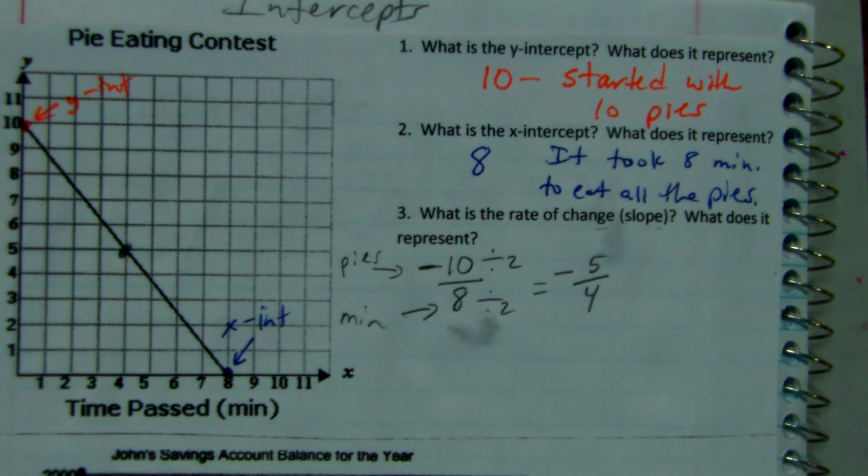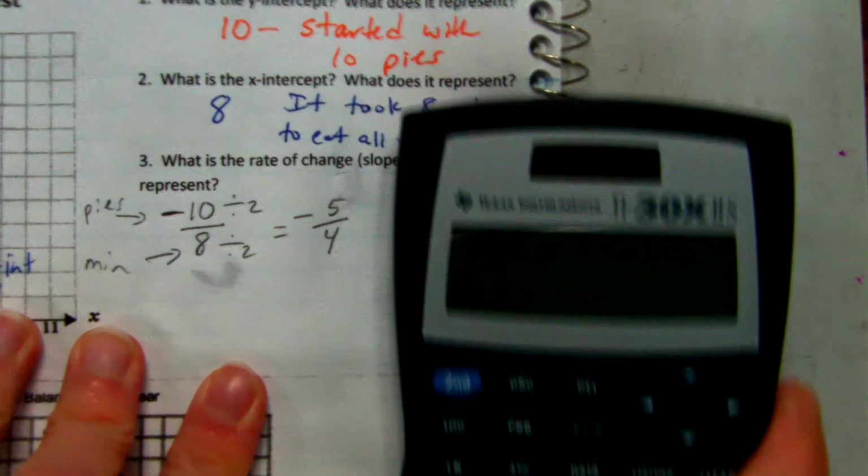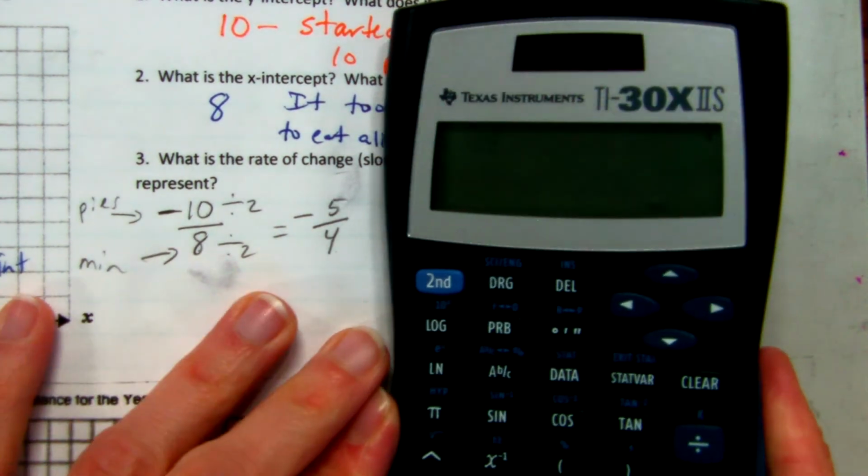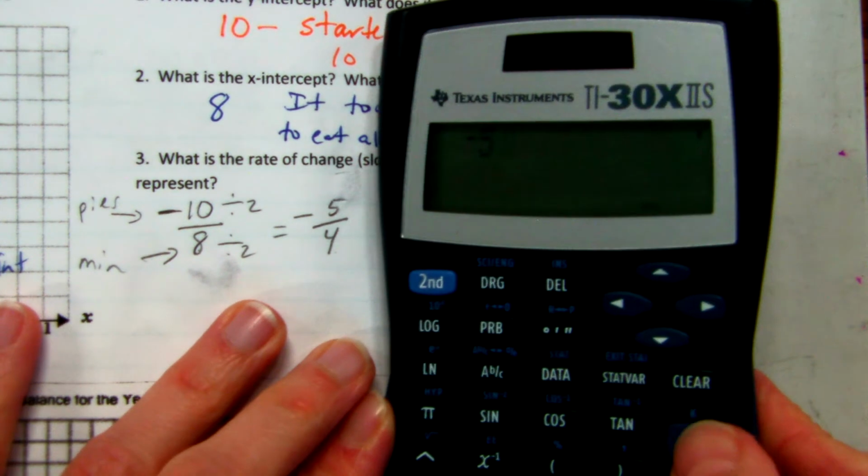And something else that we can do with this that works with story problems that we don't normally do is we could actually divide these to change them into a decimal. Remember changing fractions to decimals earlier this year? So I'm going to take my calculator up here. I'm going to take negative 5 and just divide by 4.